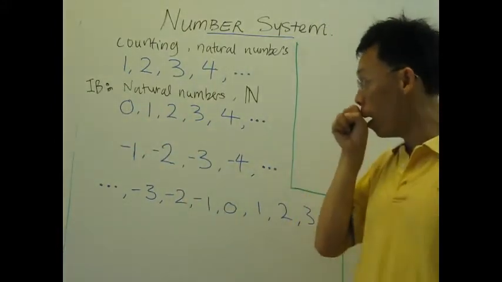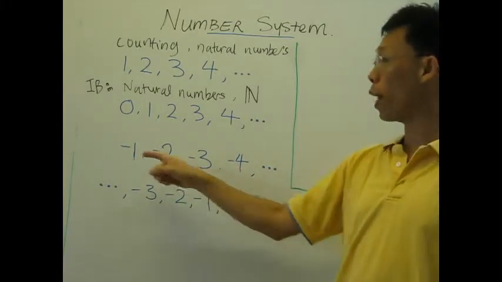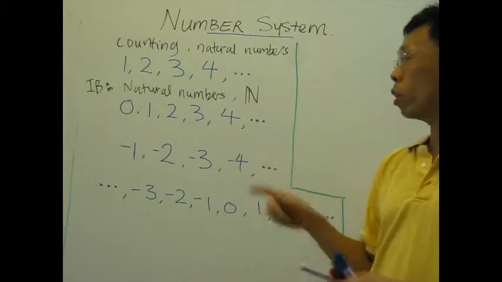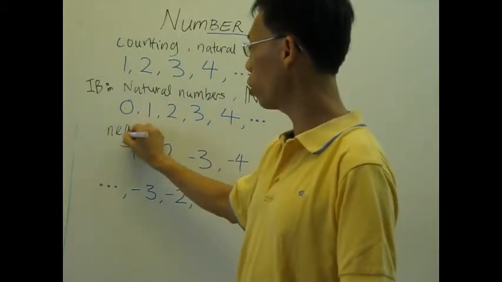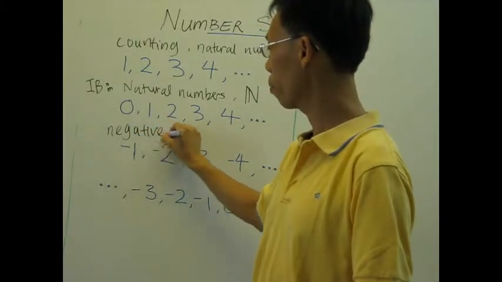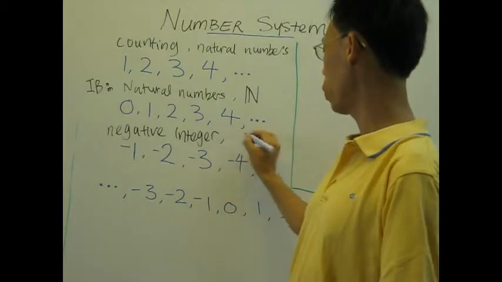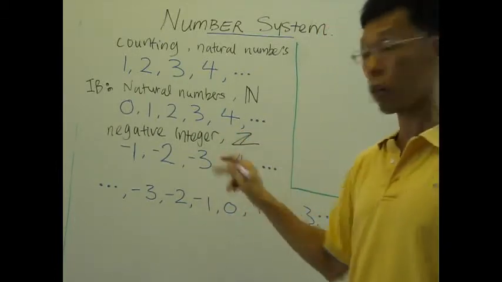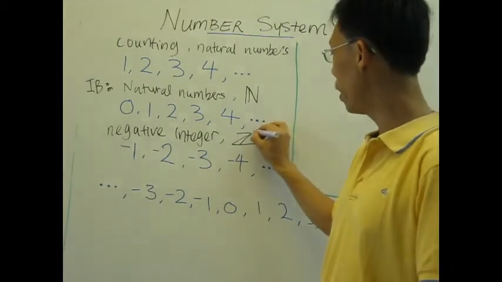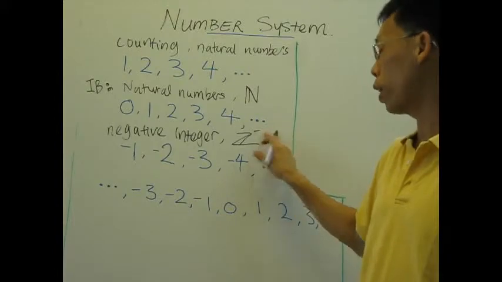Right. We also have -1, -2, -3, -4. If you put -1, -2, -3, -4, this is what we call negative integers. Integers are represented with a Z. And because it's negative, you put a negative sign at the upper corner here.